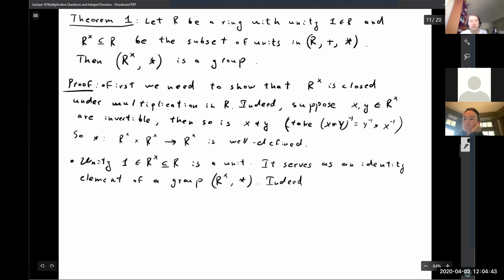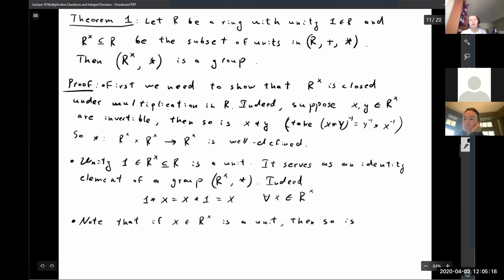And indeed, if you look at 1 star x, this is the same as x star 1, the same as x, for all x in R cross, right? And finally, the existence of inverses is built into this definition. Note that if x is a unit, so is x inverse.